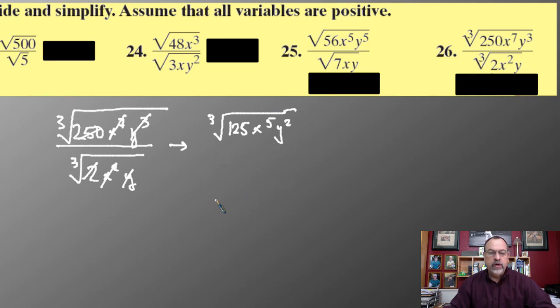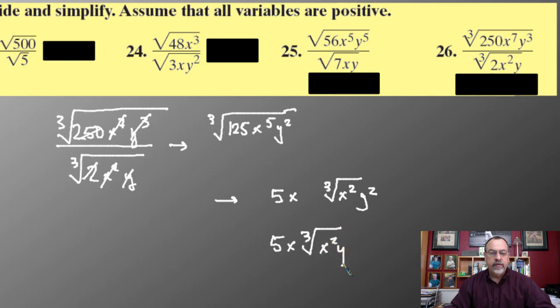All right. Well, the cube root of 125 is 5, 5 times 5 times 5. 3 into this 5 goes 1 time with a 2 left over, and 3 does not go into the 2 here, so both of those stay underneath. So my final answer would be 5x cube root of x squared y squared, as the division problem and then simplify.